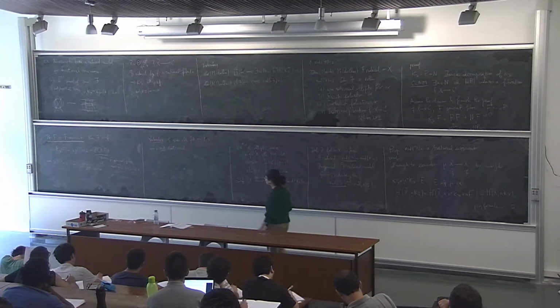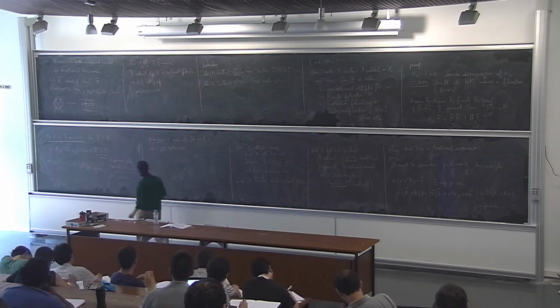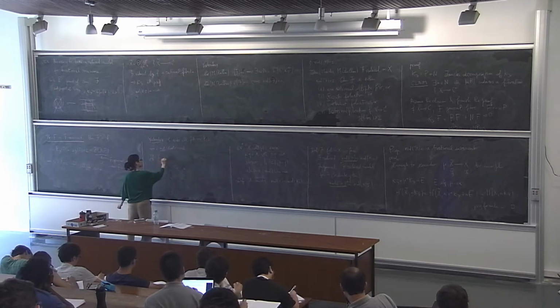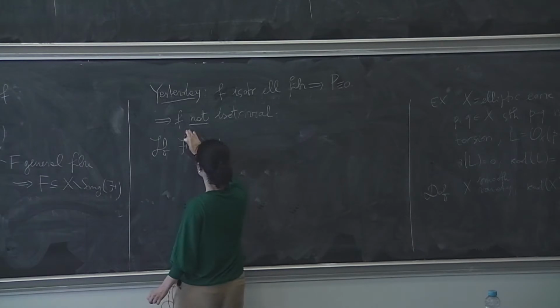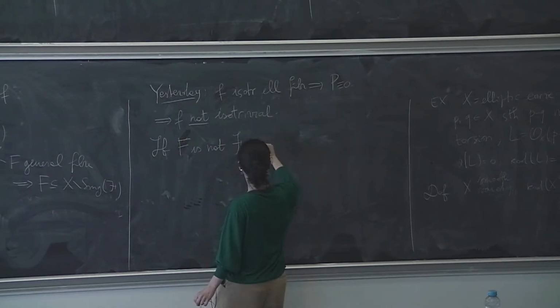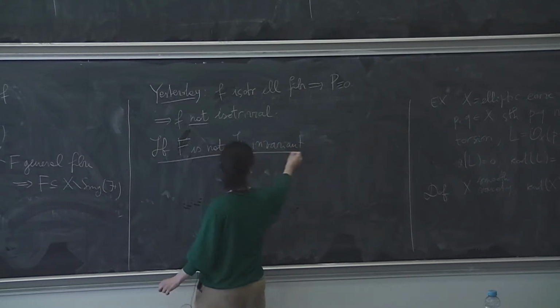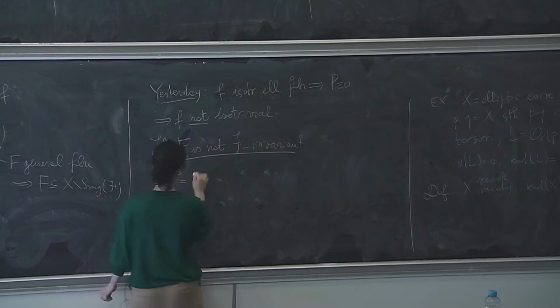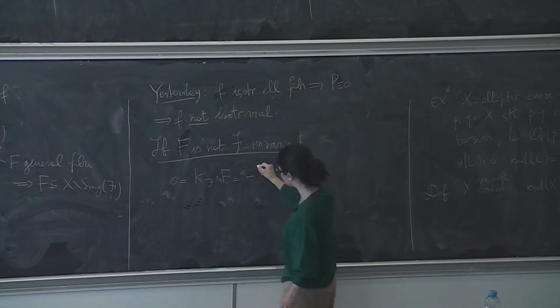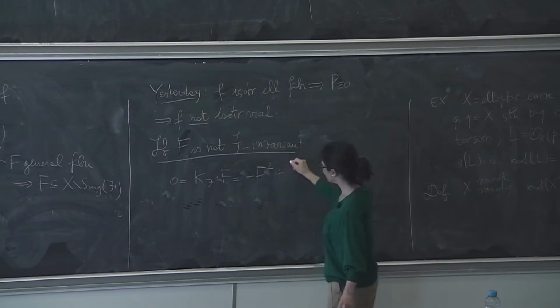Okay, now the other possibility, if F is not F invariant, then this intersection product is minus F squared plus the tangency order.